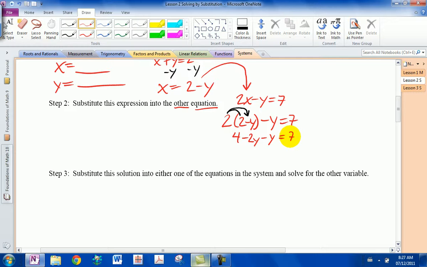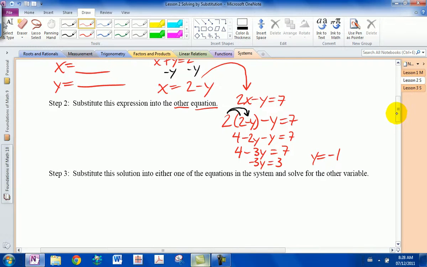So multiply, collect like terms then. And at the very end, you're going to go positive 3 divided by negative 3. So your y value is negative 1. How many people got that?